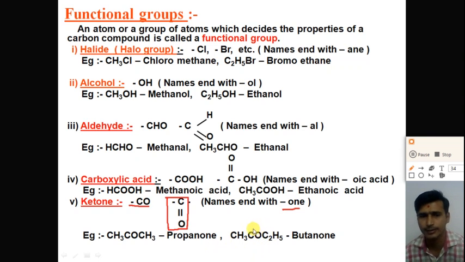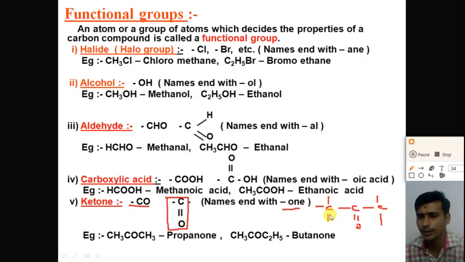Let us see the structure of the propanone. In propanone, three carbon atoms are there, right? So here, draw three carbon atoms, right? One carbon atom makes a double covalent bond with the oxygen atom, right? Here the other carbon atoms make a single covalent bond with the hydrogen atoms, right?